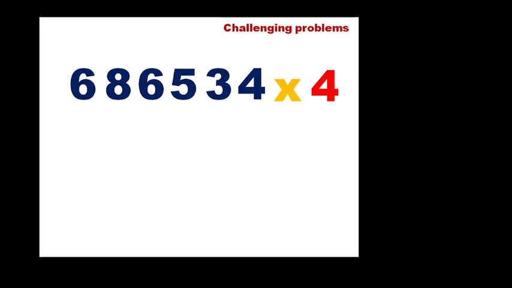Very good. You can check the answers. Okay. 6 4s are 24. Yeah, here we have 6 into 4, 24. So 2 big, 4 small. 4 means 40. Now 8 4s are 32. Add 30 with 40. 72. Now 6 4s are 24.